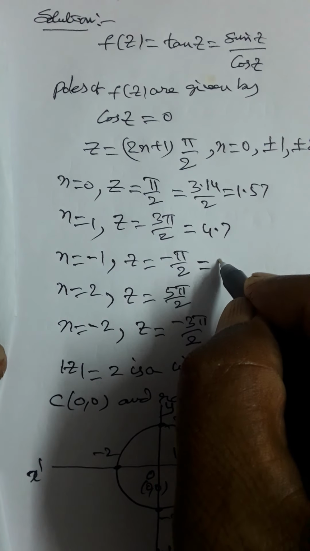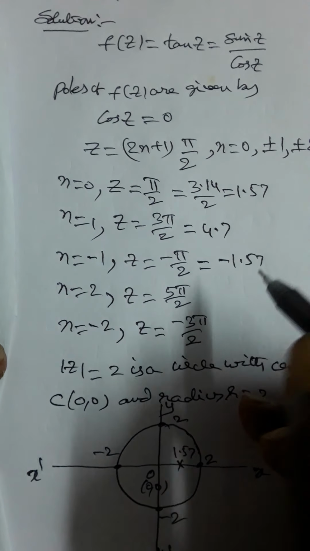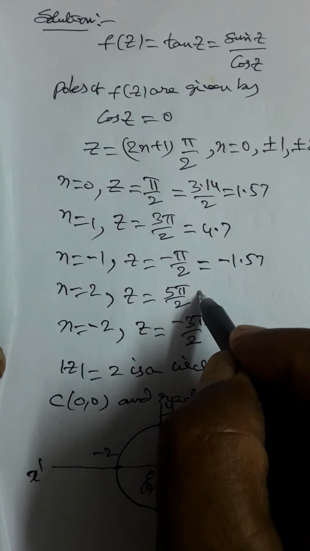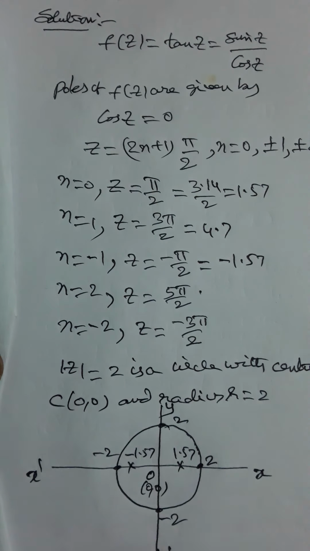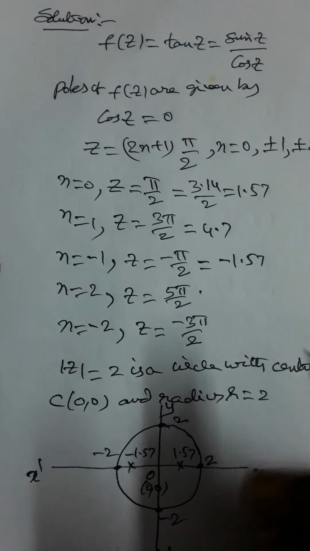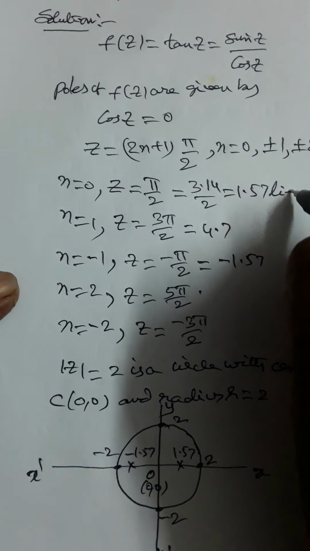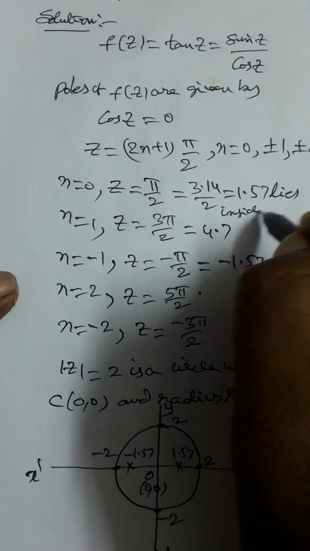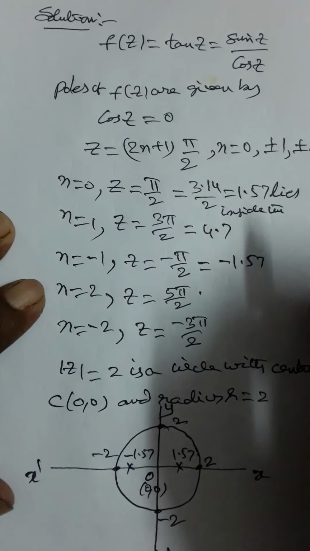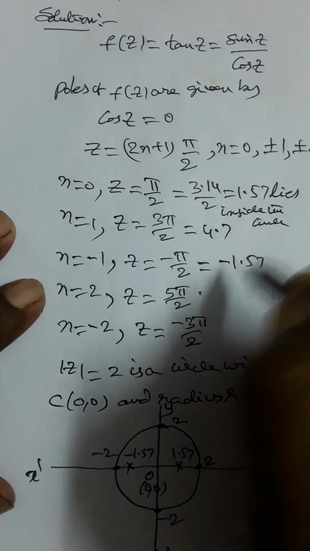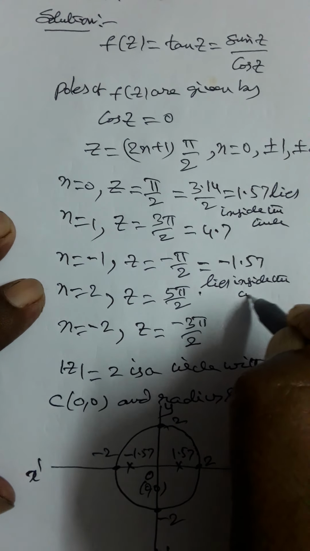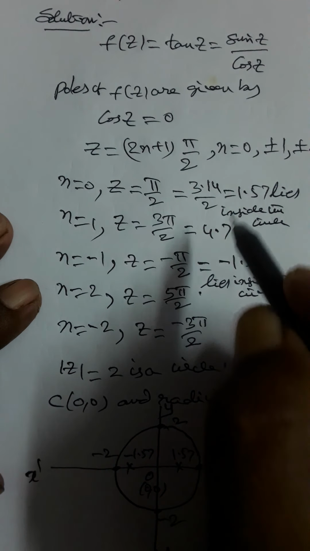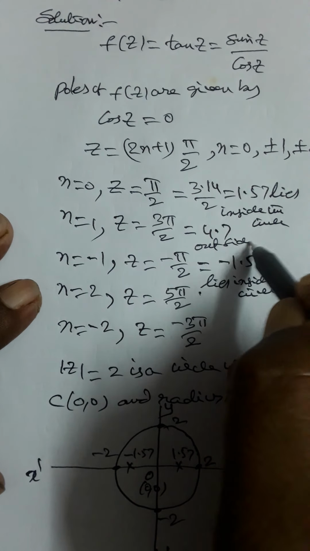Minus pi by 2 is minus 1.57, so minus 1.57 lies inside the circle.